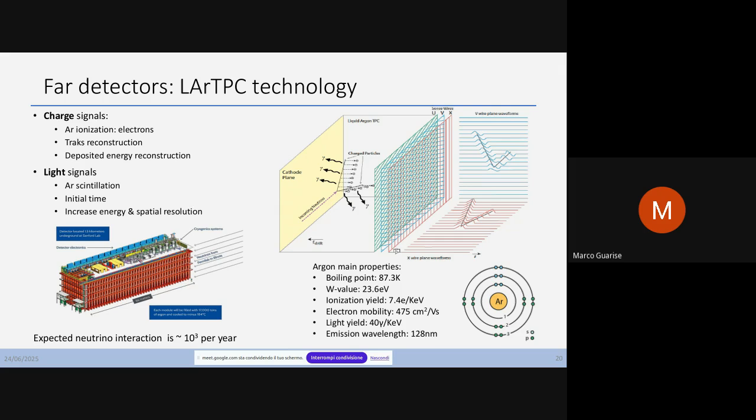So an order of magnitude less than at the near detector, but sufficient to do a good study of neutrino oscillation. These are some argon properties related to the ionization or the scintillation light.